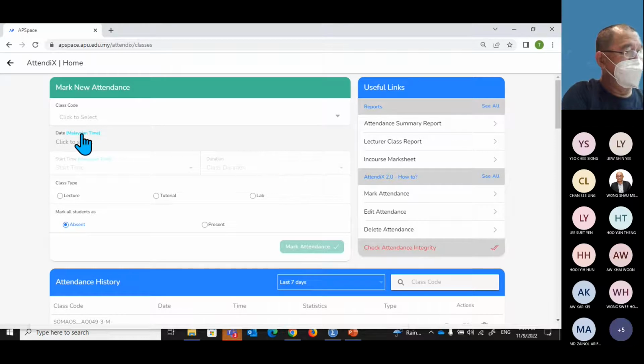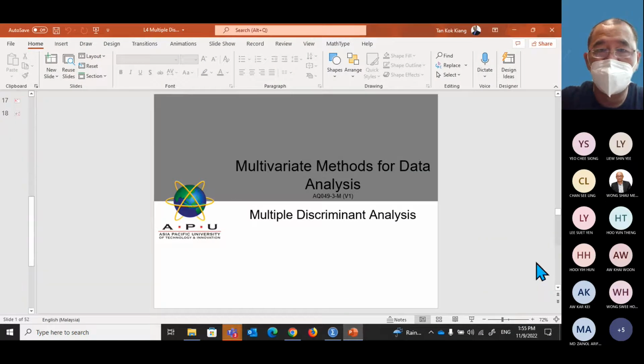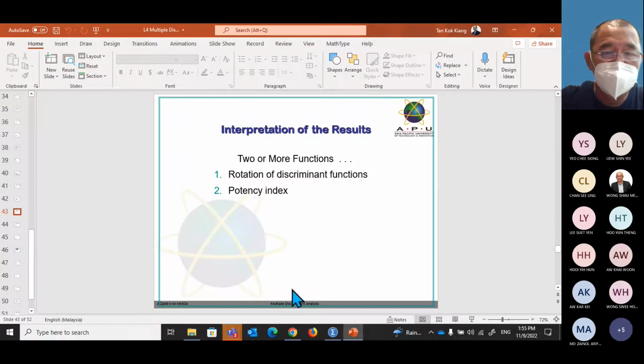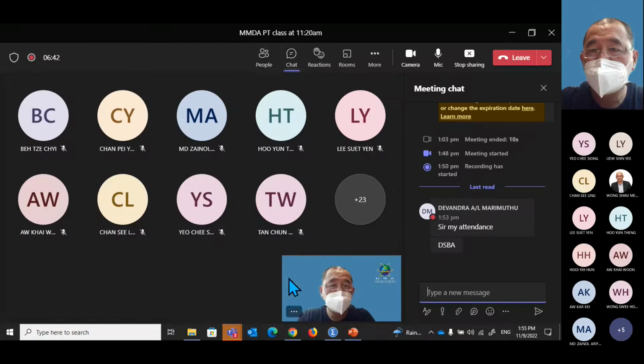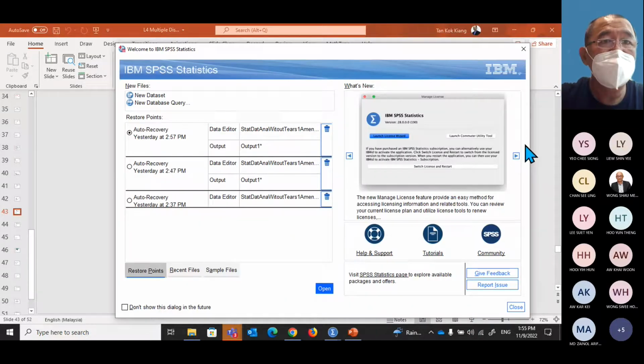Use the software. So if no problem now, the rest not much. We see a little bit, but basically already discussed. So we are done already.